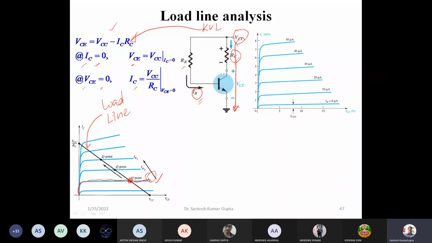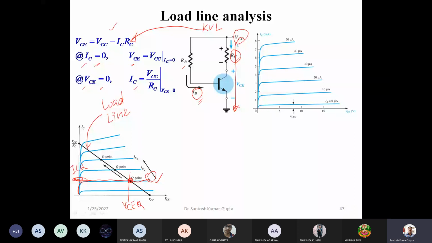The corresponding value of VCE is called the VCE operating point, or VCEQ, and the corresponding value of the current, which can be seen on the vertical axis, is called ICQ. So these are the things which we can find out. Once these are known to us, we can find out the collector terminal voltage also.